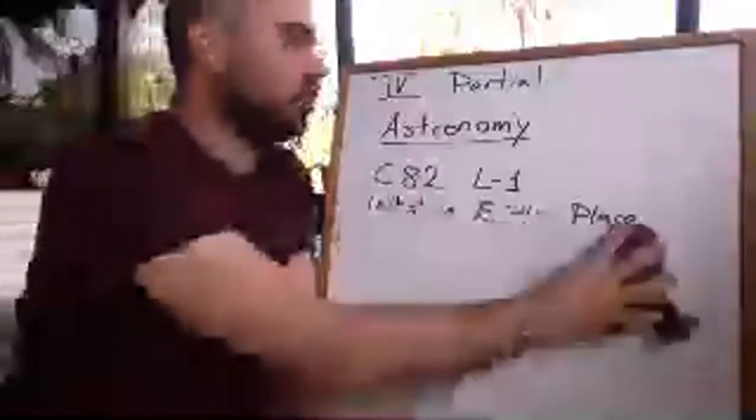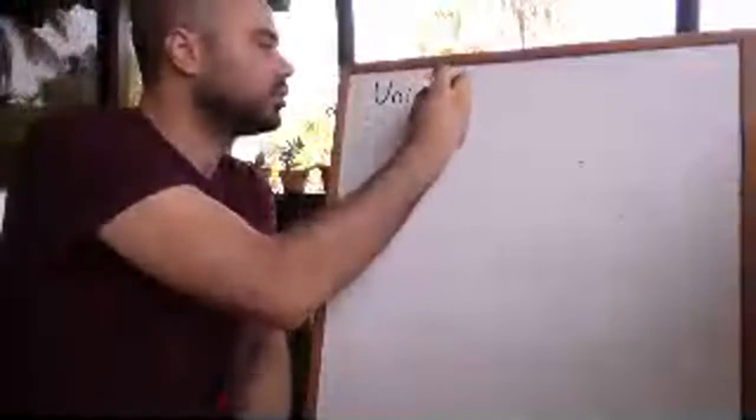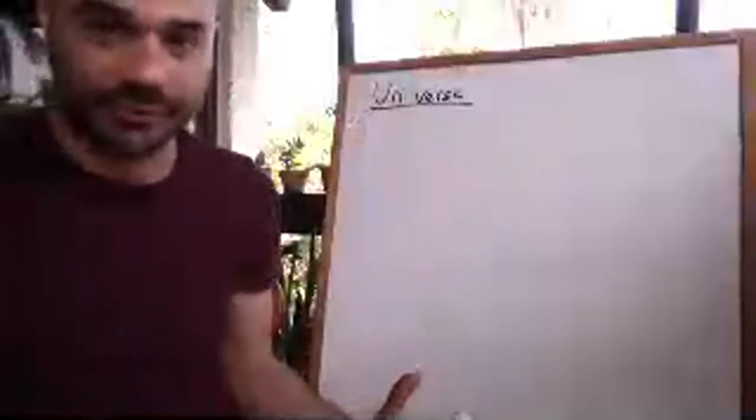Okay, so to answer this question, we need to understand a little bit about the universe. The first thing we have to know about the universe is that the universe is everything. Okay?